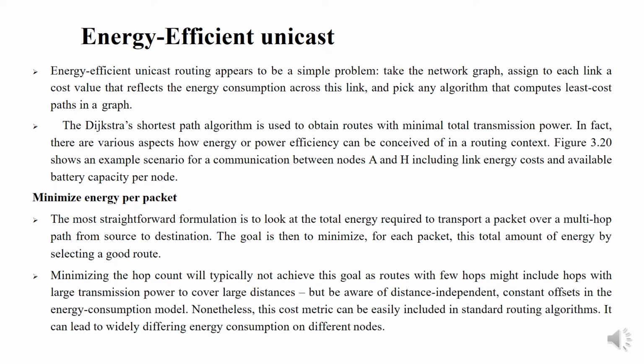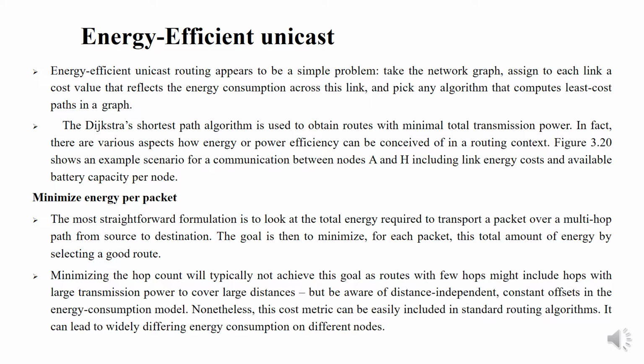The goal is then to minimize for each packet this total amount of energy by selecting a good route. Minimizing the hop count will typically not achieve this goal, as routes with a few hops might include hops with large transmission power to cover large distances.